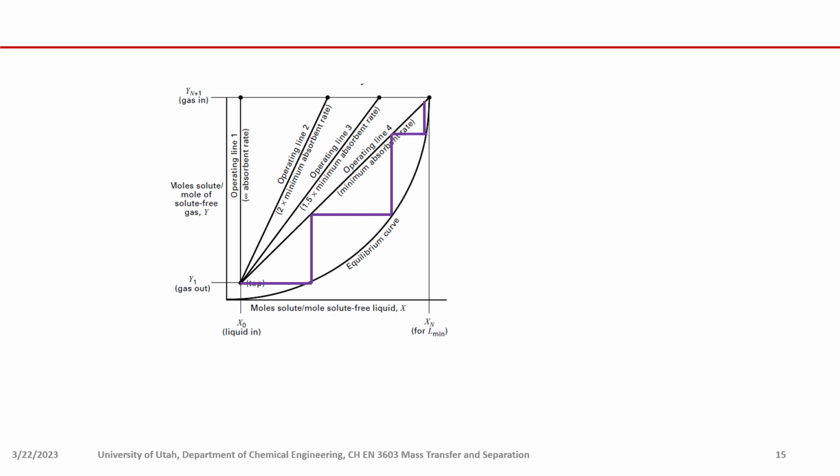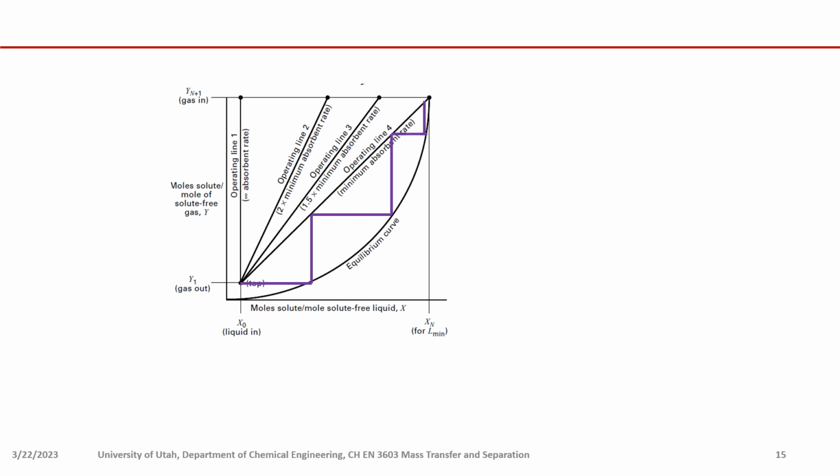Remember, operation line 4 is the minimum absorption rate in which the operation line will cross with equilibrium curve at this point, right? Similarly, you do this march-off, horizontally, vertically, horizontally, vertically, right?